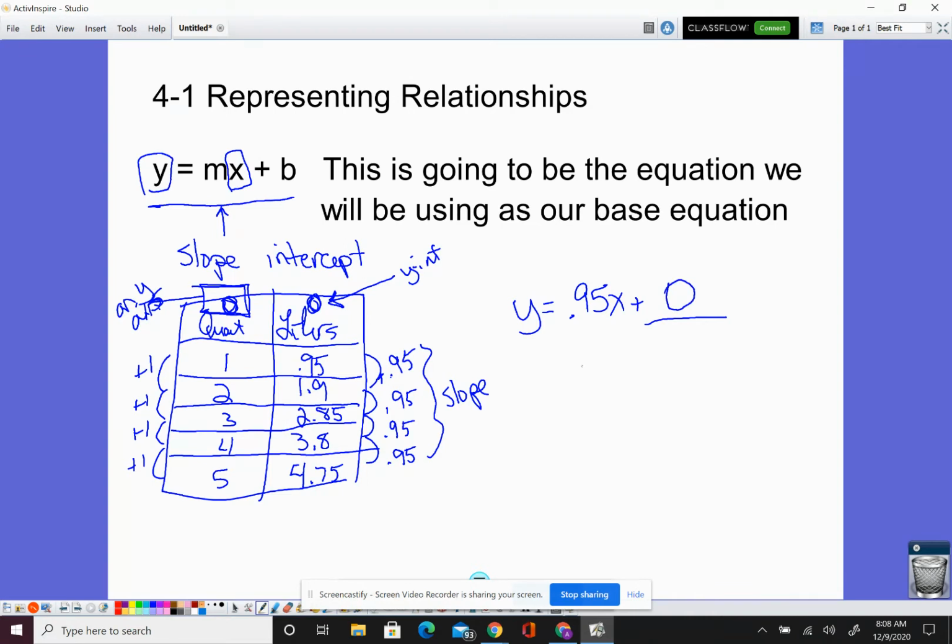So our equation just simplifies down to y equals 0.95x. And because our y-intercept is 0, and there's a constant rate of change, this is also a direct variation problem. We talked a little bit about that in the last chapter. It's when the y-intercept is 0.